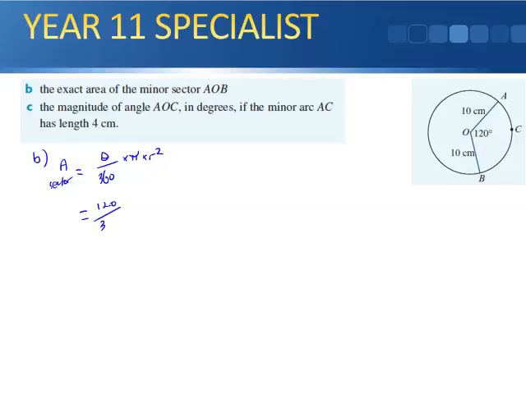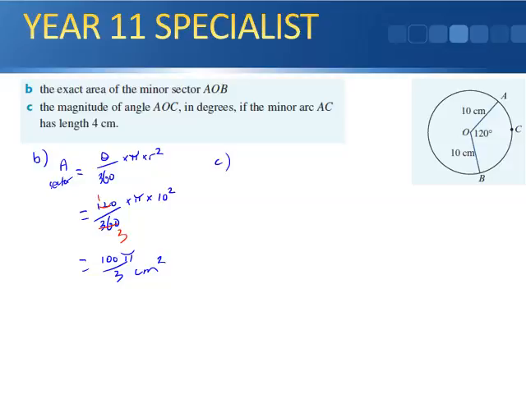So I've got 120 divided by 360 times pi times 10 squared. Again, this just simplifies down to 1/3. So 10 squared is 100, 100 pi on 3. Again, area of the sector, so it's centimeters squared. Again, I won't write it in words.